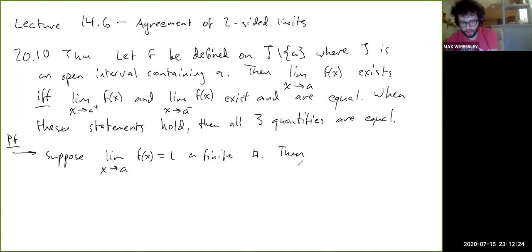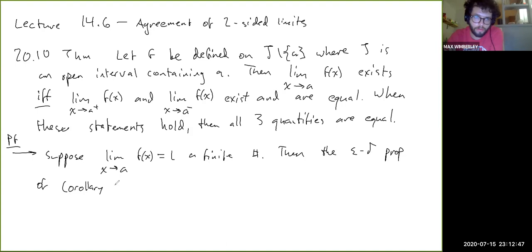Then the epsilon-delta property of Corollary 20.7 holds.